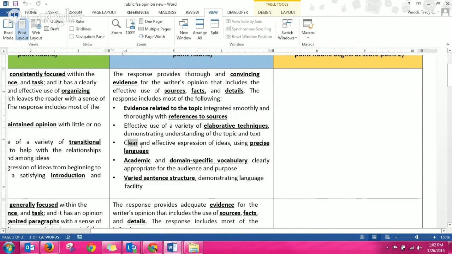And then the next one says clear and effective expression of ideas using precise language. They want to make sure they can tell you understand the topic based upon the words you use in your essay. Precise language.